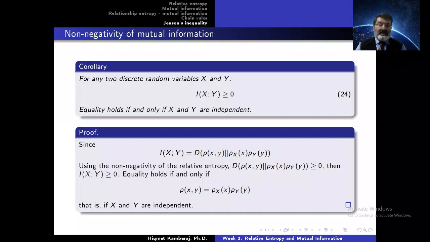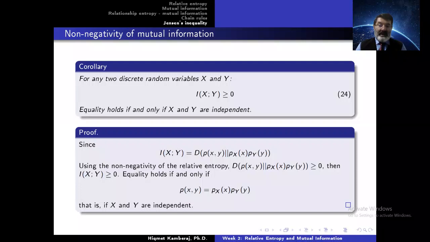Now, this is a simple proof, since the mutual information between X and Y is equal to the relative entropy between p of x and y and the product p of x times p of y. Using the non-negativity of the relative entropy, D of p of x and y from p of x times p of y is greater or equal to 0.